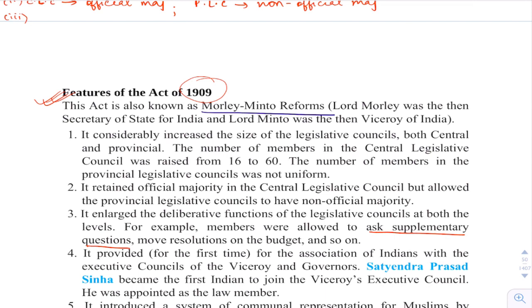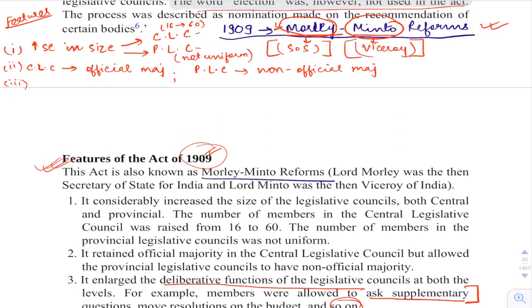So anyways, when the discussion used to happen, in legislative councils में, तो अगर कोई supplementary question पूछना है किसी को, एक सवाल पूछा फिर उस पर अगर आपको supplementary question पूछना है, that you can do there. मतलब उस टाइम पे allow हो गया 1919 में. Also resolutions अगर budget पे pass करना है, move करना है, वो भी allowed था, and certain other issues which were related to the deliberative functions of the legislative councils.